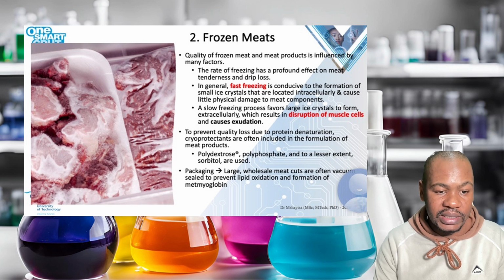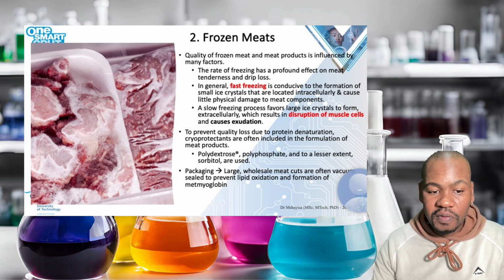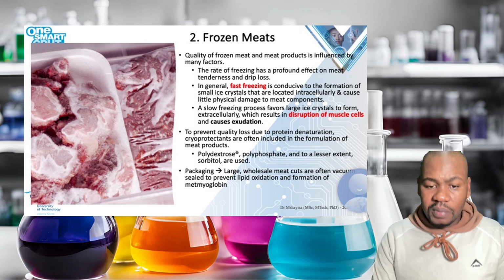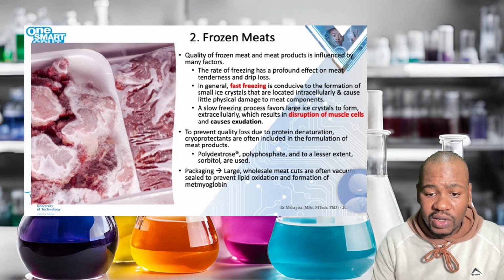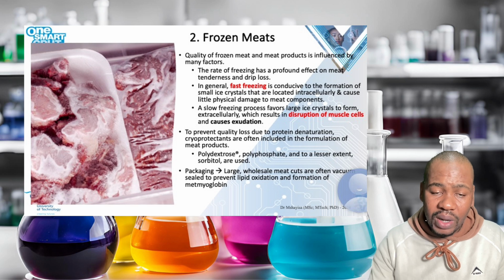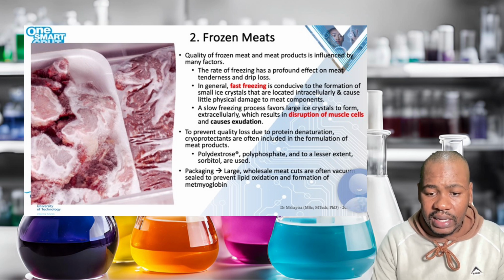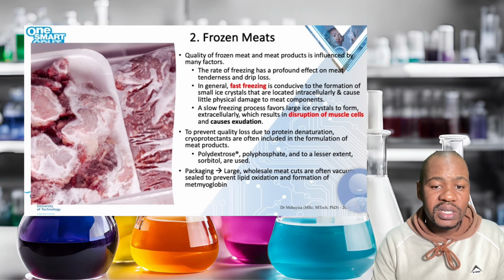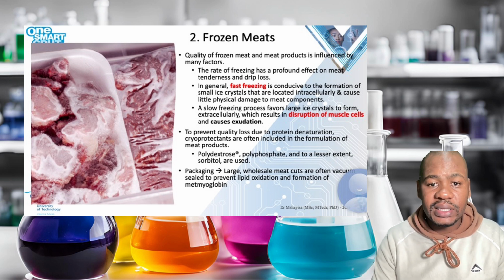Exudation in this context refers to the leaking of fluids, primarily water and proteins, from the damaged cells due to this slow freezing process. And what is the consequence of that? The consequence is that this meat is going to lose its juiciness and become tougher.